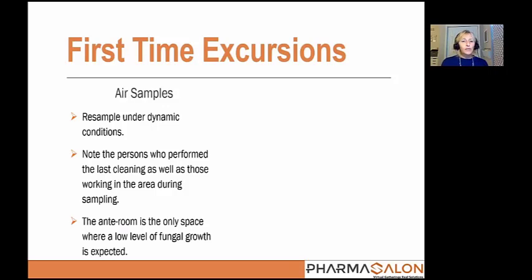So this is now back to that question that was asked earlier. All right, the ante-room, what if I get mold in there? Is that a big deal? What I want you to understand is that that ante-room is the only space where a low level of fungal growth is expected. And this would hold true for ISO class 7 ante-rooms as well. So you're likely to see mold growth in there, even if it's 1 or 2 CFU.